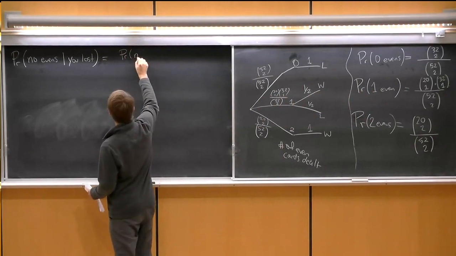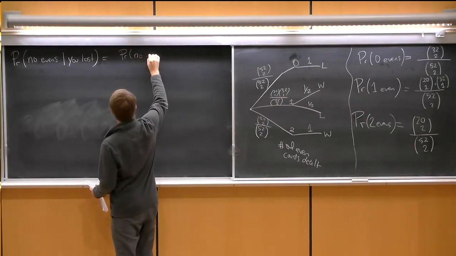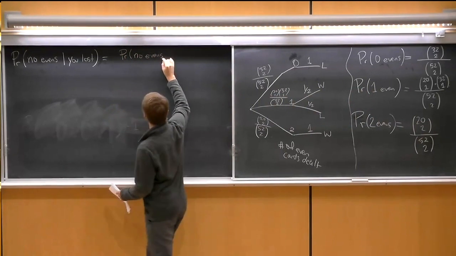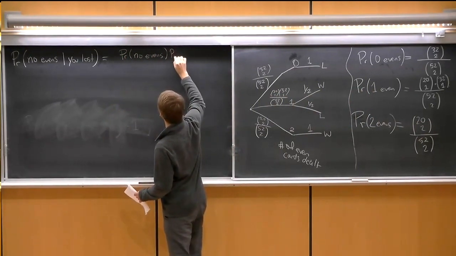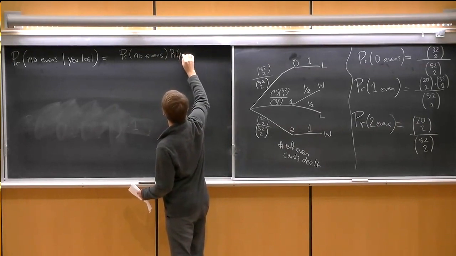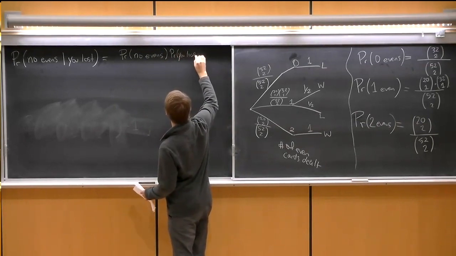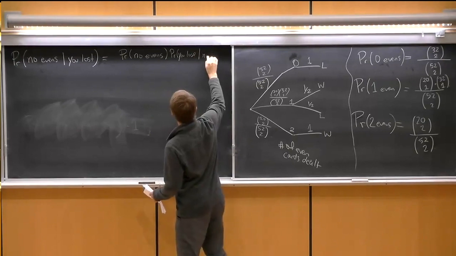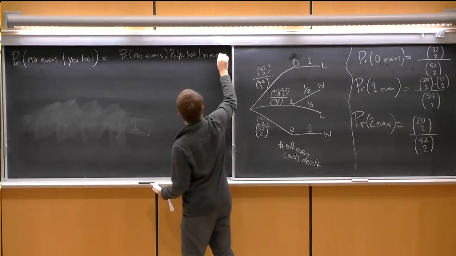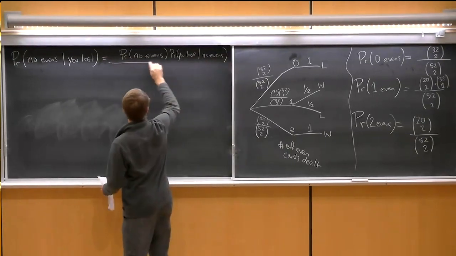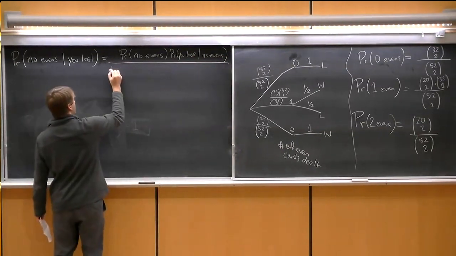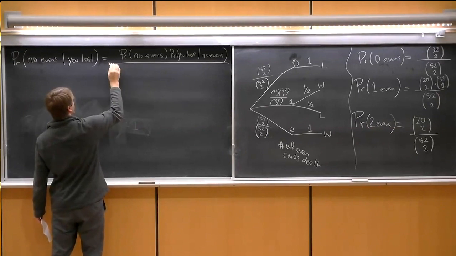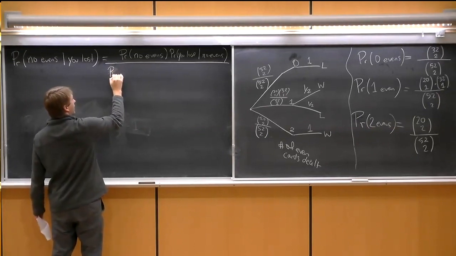So we just write out our formula. It's the probability that there are no evens times the probability you lose given that there are no evens, divided by the same thing. I'm going to run out of space here, so we'll write it on 2 lines.